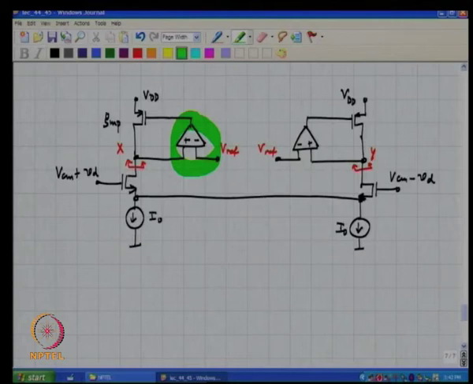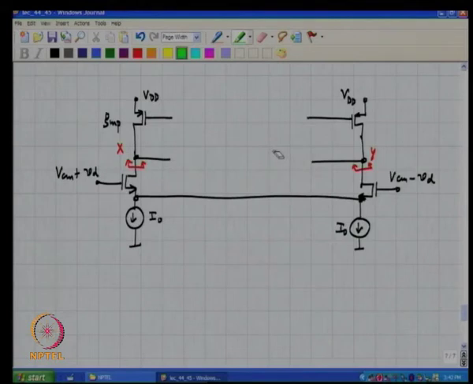Does this make sense? So in other words, what we need is not this set of loads, what we need is one op amp which senses the common mode potential at node X or Y. By definition, the common mode potential at X and Y are the same, okay.